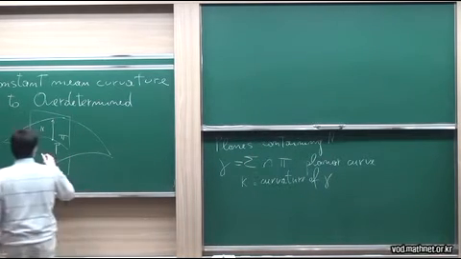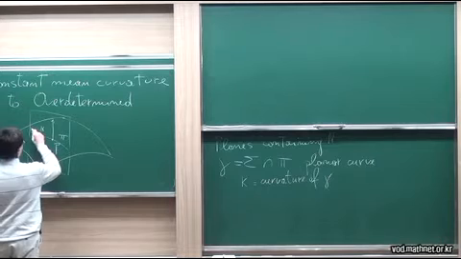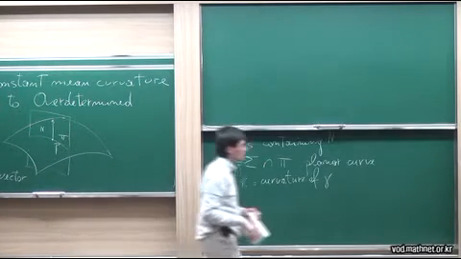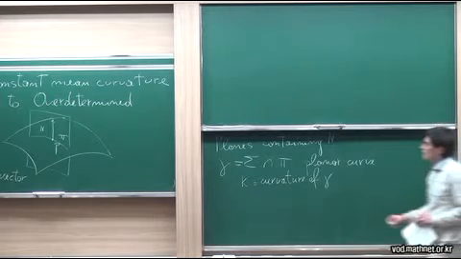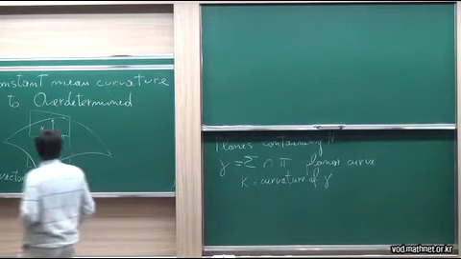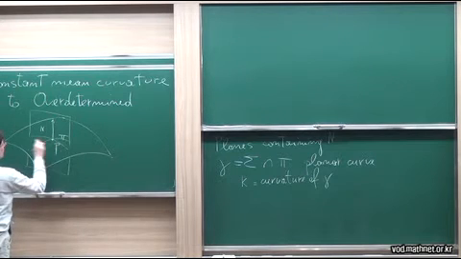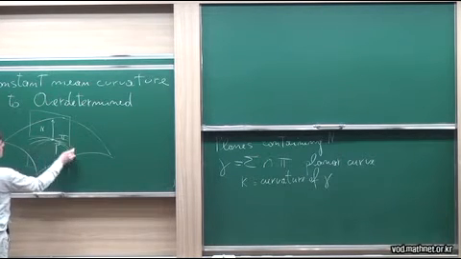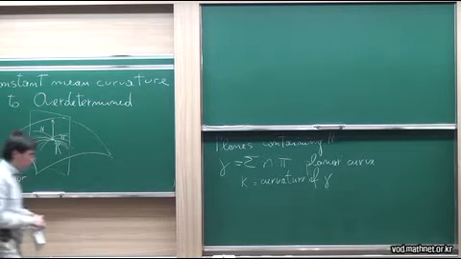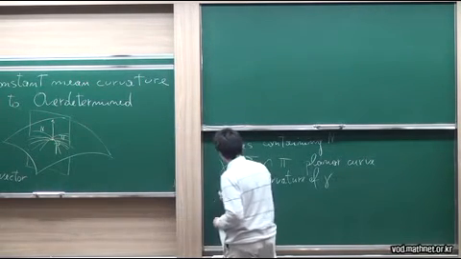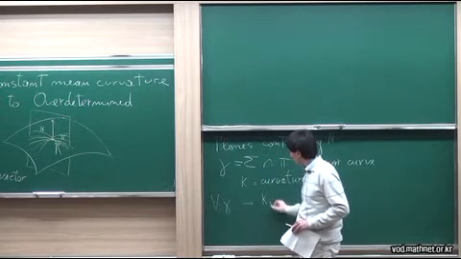Maybe I can use another color. I will get a family of curves on sigma passing through P. For any gamma, I compute a curvature, K gamma.